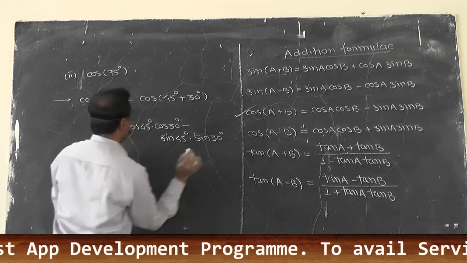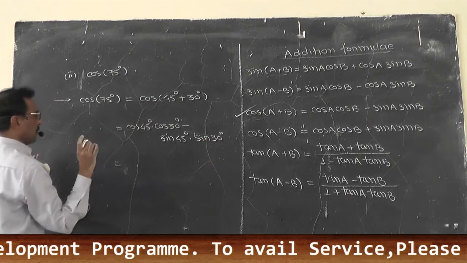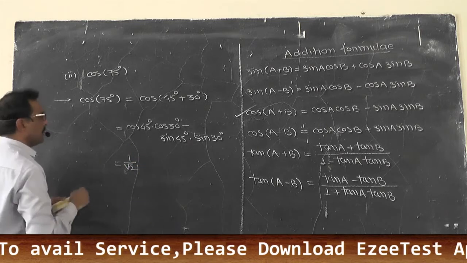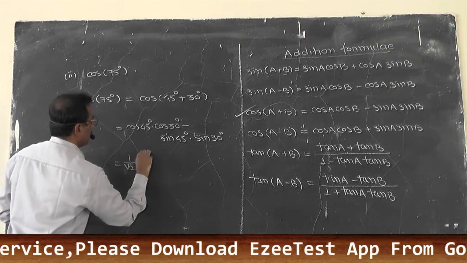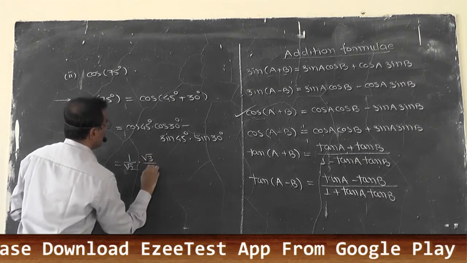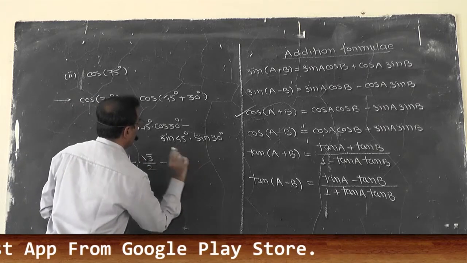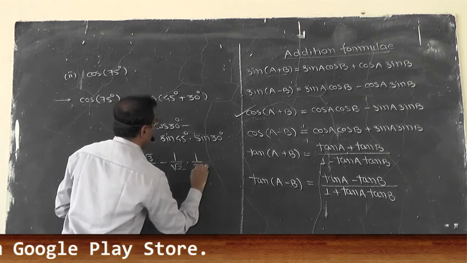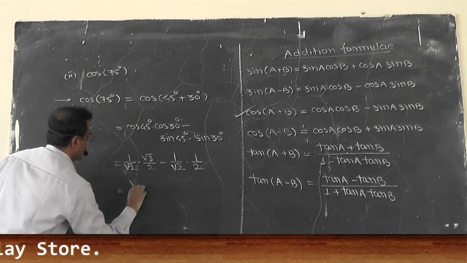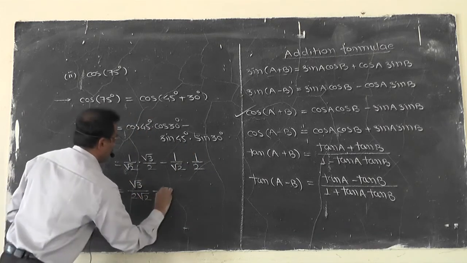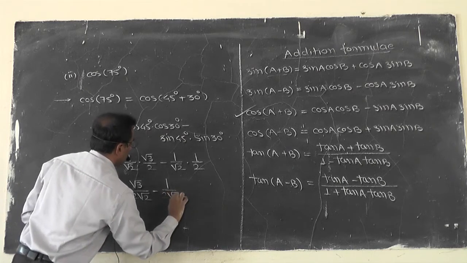I think you all know the values. What is the value of cos 45? 1 by root 2. What is cos 30? Root 3 by 2. What is sin 45? 1 by root 2. What is sin 30? 1 by 2. So it finalizes as root 3 upon 2 root 2 minus 1 upon 2 root 2.